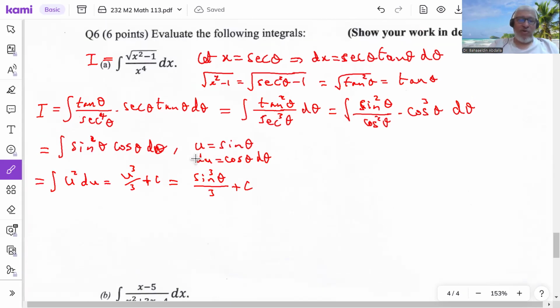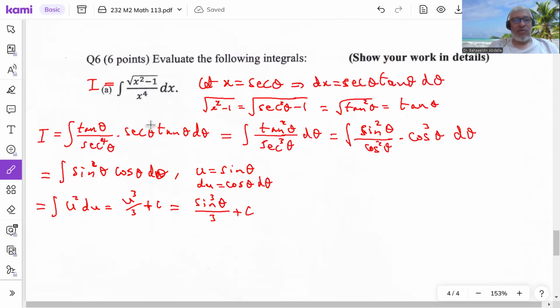And now I should go back from theta to x. The relation between x and theta is this one: x is secant theta. So if x is secant theta, then cosine theta would be 1 over x, because secant is the reciprocal of cosine.